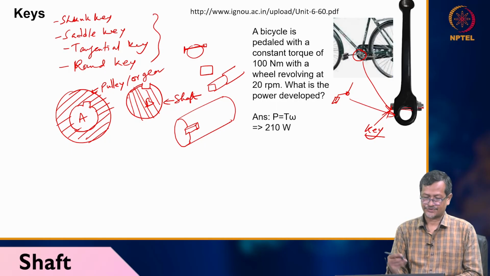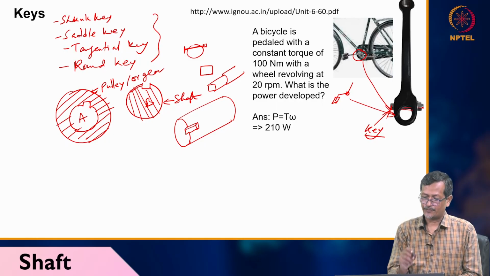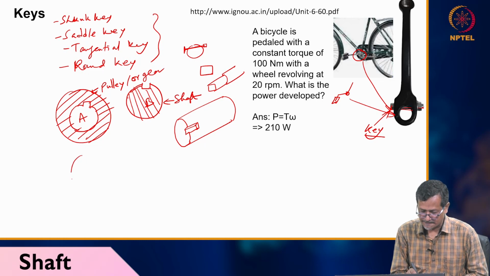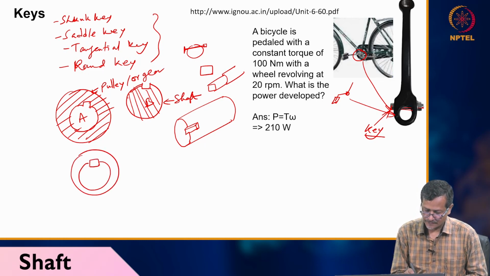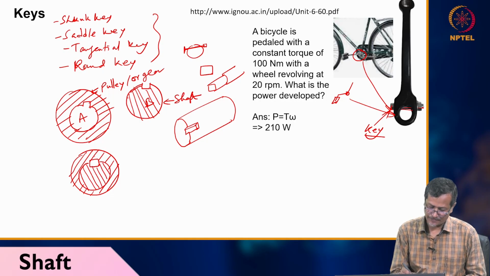Now if the shaft is going inside the gear, the shaft is rotating but the gear will not rotate. Now if I put a key in between these two, then it will look like this. So you can see this gear, shaft and pulley.